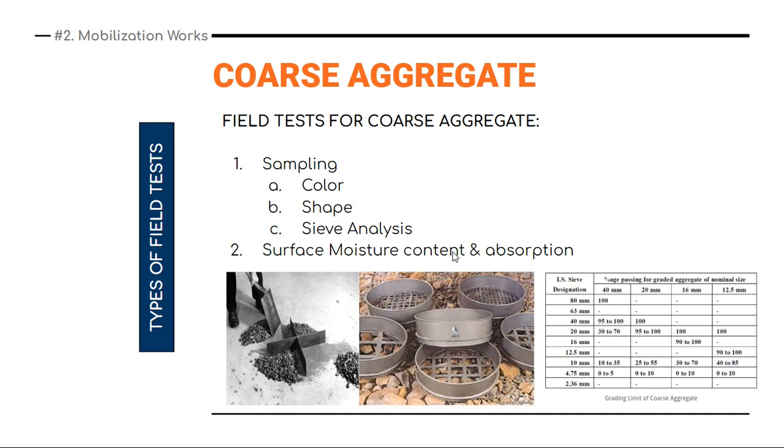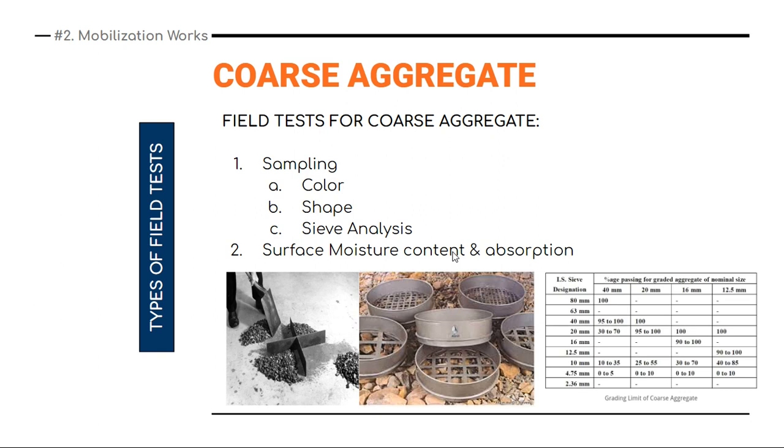Take a sample, segregate it, and find out which are the white ones and which are the black ones, and weigh them. The percentage of black should be more and white should be less. If the white is more or equal, then reject that part. Then the shape should be round, it should be uniform, it should not be flaky.